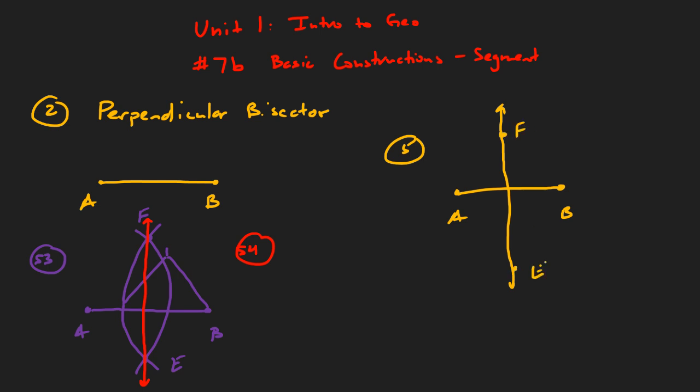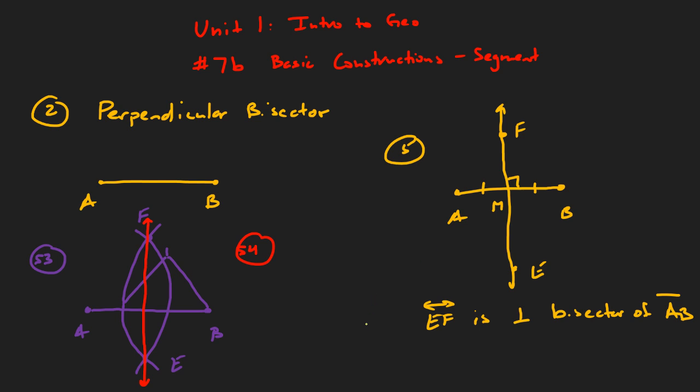E was down here. And again, what you've done is you've gone through the segment's midpoint. So those are congruent. And you've made a right angle. So if I call that midpoint point M, you know that line EF is the perpendicular bisector of segment AB.